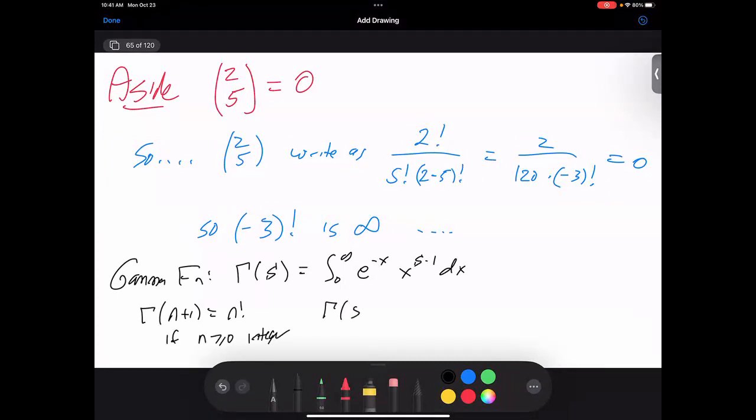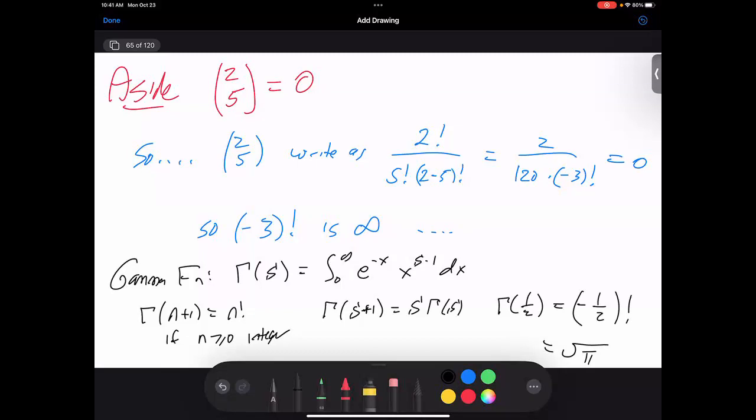You can show gamma of s plus 1 is s times gamma of s, which is why it's looking a lot like the factorial function. And the amazing thing is you get gamma of 1/2, which is the generalization of negative 1/2 factorial, equals the square root of pi. And this is actually extremely important in statistics and normalizing the standard normal. They're all connected.